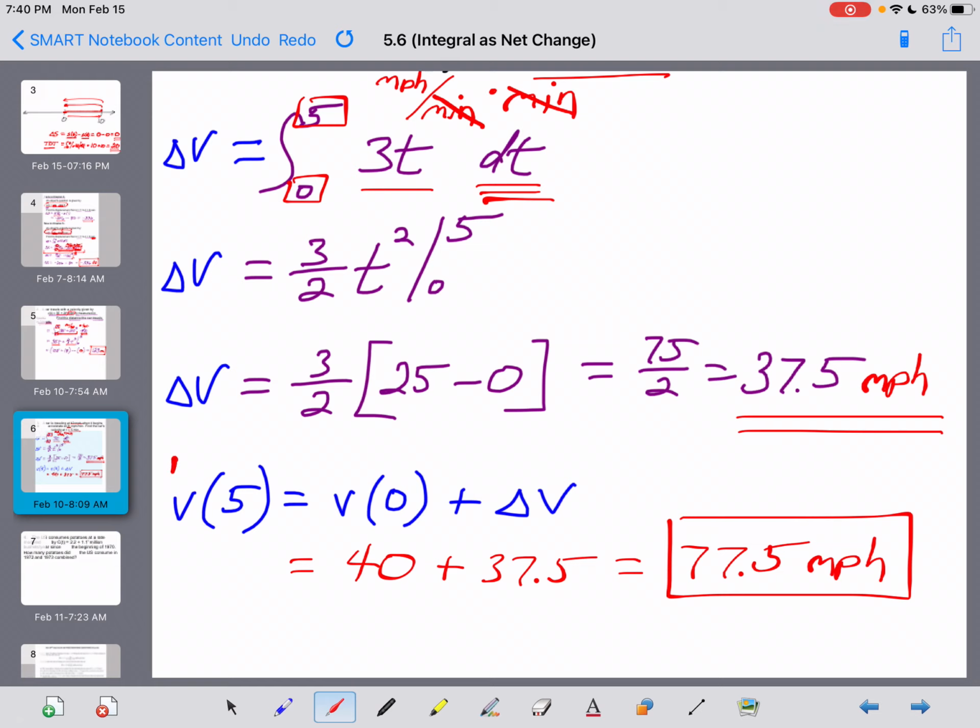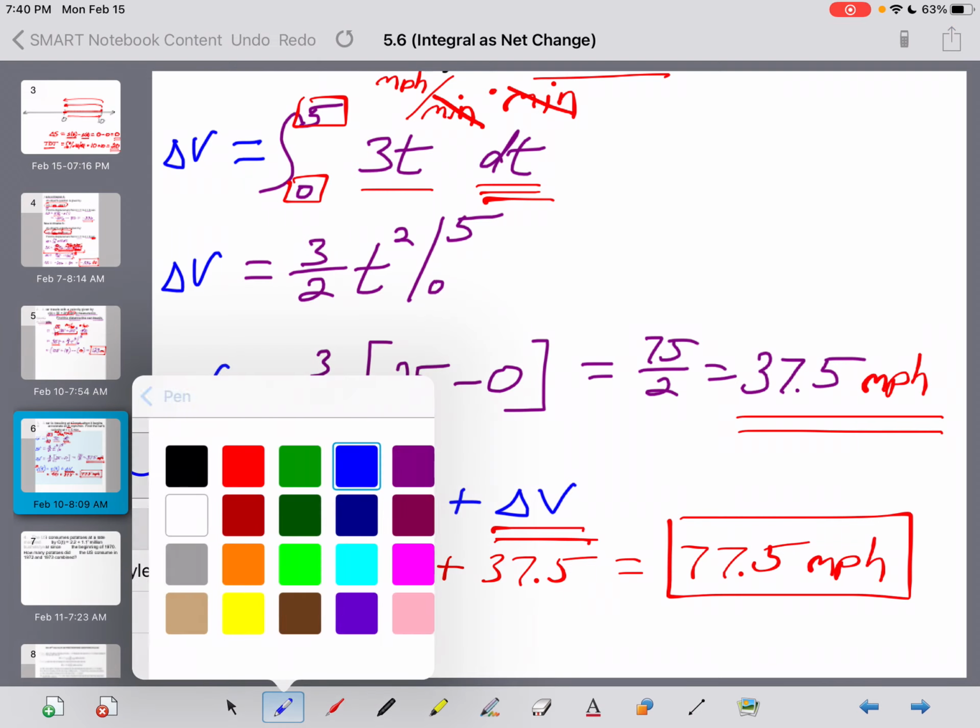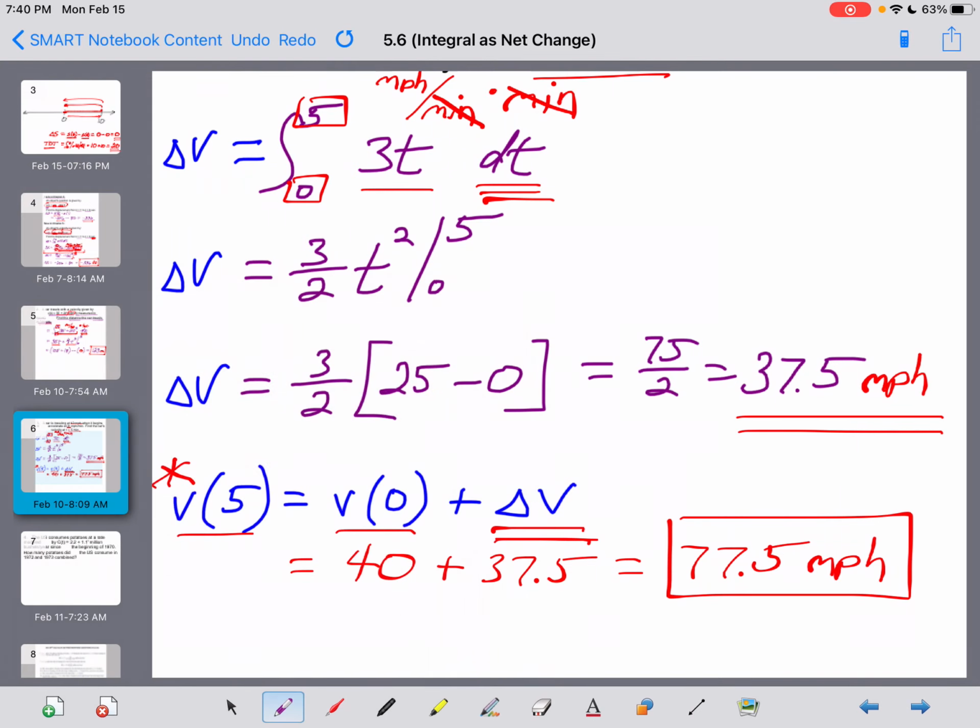Now, if you're wondering where I came up with this little formula, some of you might find that logical. Ending velocity equals starting velocity plus the change in velocity. But if that's a little confusing to you, just try to solve that equation for delta V. And you could do it this way as well, and this shows up on the AP test a lot.